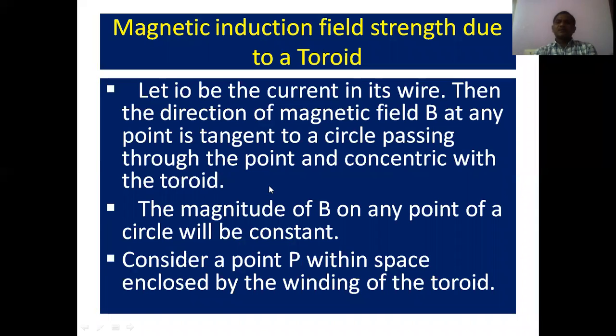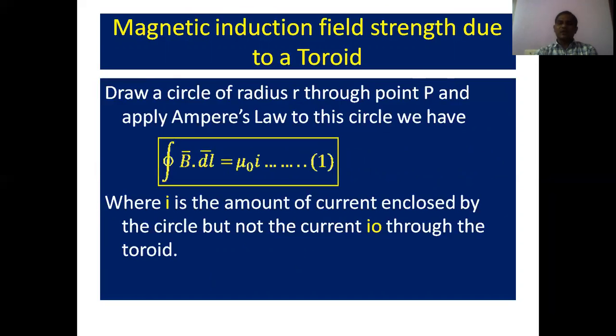Again, I am explaining here. Let I naught be the current in the wire. Then the direction of the magnetic field at any point is tangent to a circle passing through the point and concentric with the toroid. The magnitude of B at any point of a circle will be constant because all the points are at equal distance. Now consider a point P within the space enclosed by the winding of the toroid.